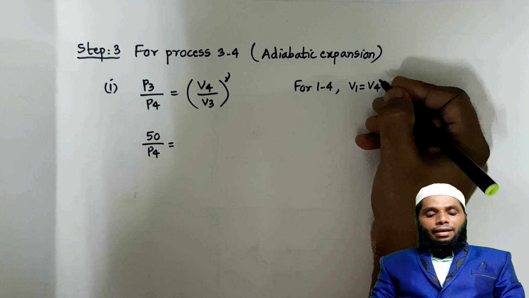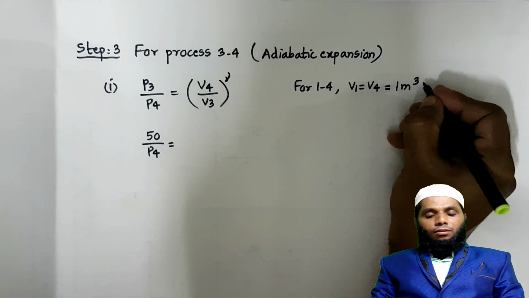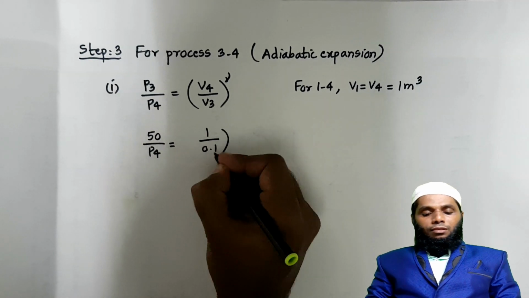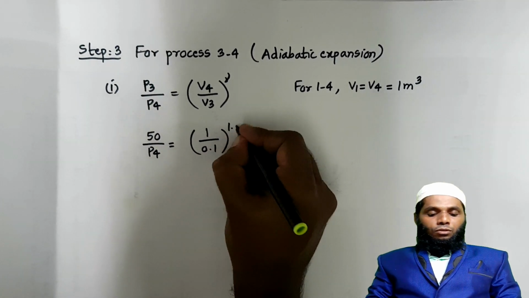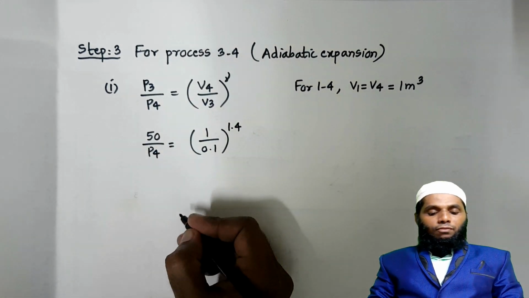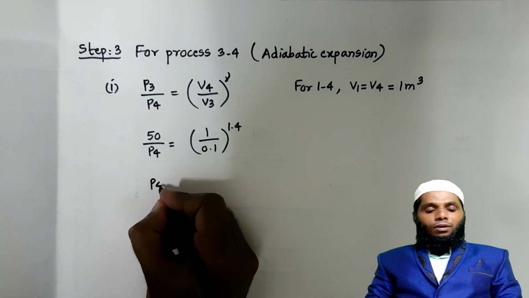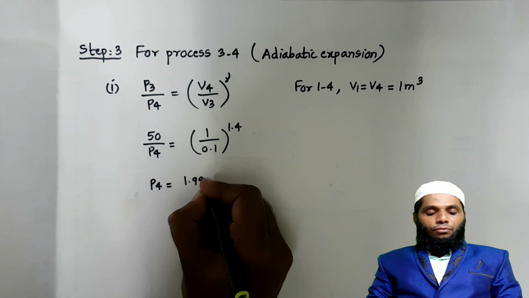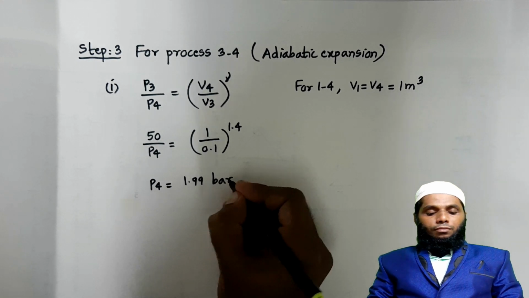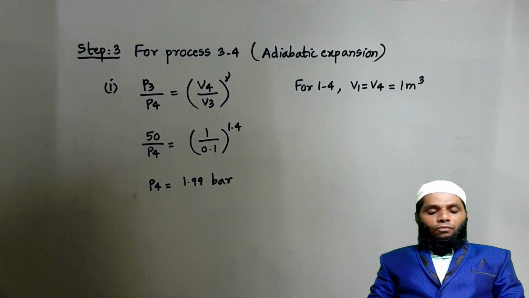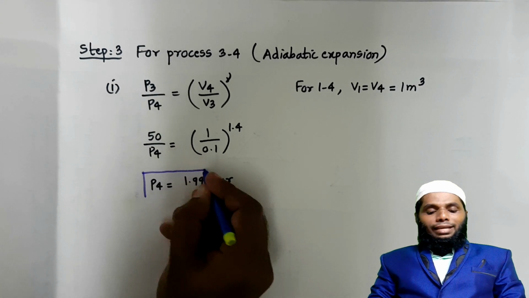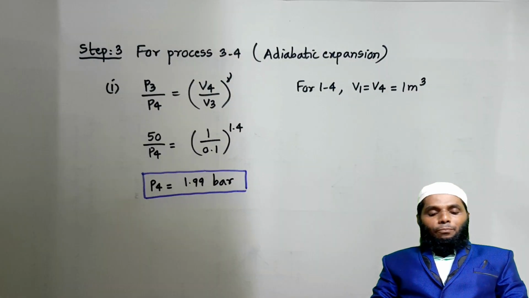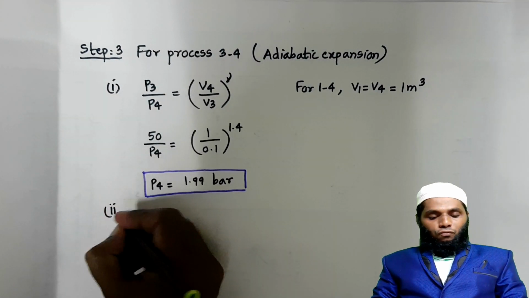During process 4 to 1, a constant volume process, volume V1 and volume V4 are the same, so that is 1 meter cube. So 1 divided by V3 value 0.1 raised to power 1.4. By calculation, we have determined P4 value is equal to 1.99 bar. This is the required answer of pressure at point number 4.